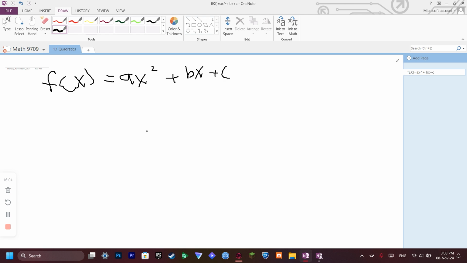Let's try to apply the same thing. So you take the a out. It's x squared plus b over a x plus c. You can check actually that last time we actually took the a out. Like it was 6. We made it 2.